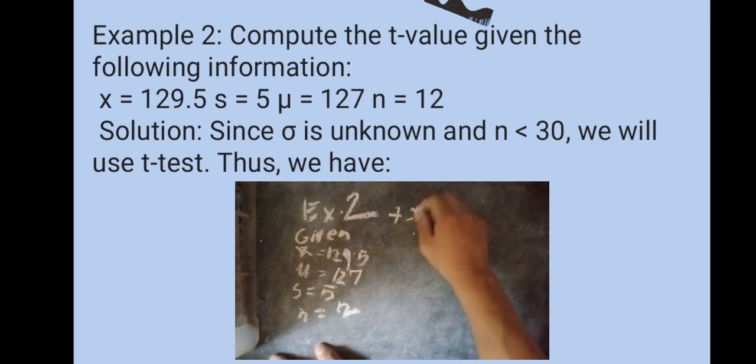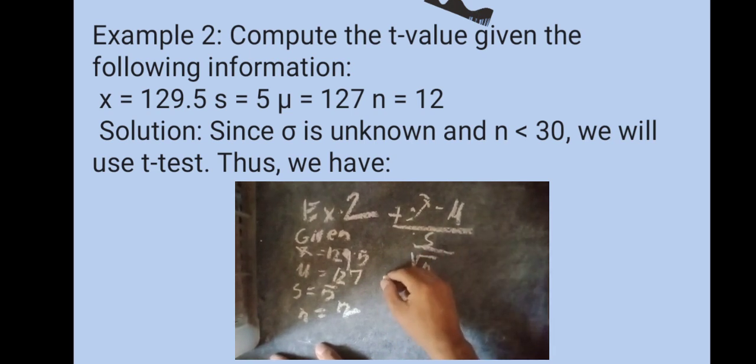T is equal to sample mean minus population mean over s over square root of n.